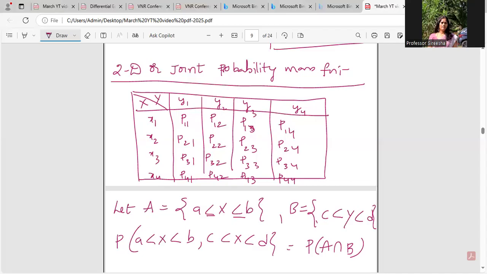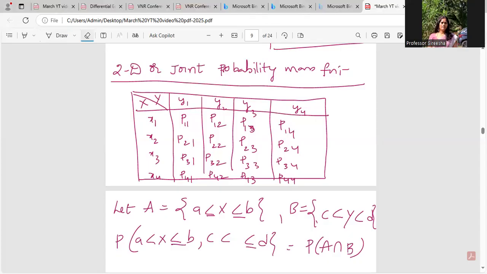It is defined like this: A less than X less than or equal to B and C less than Y less than or equal to D. This is how I'll be finding the joint probabilities.